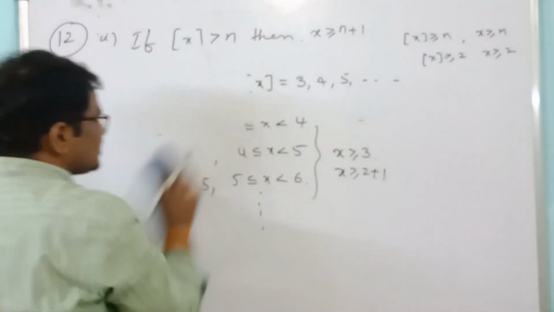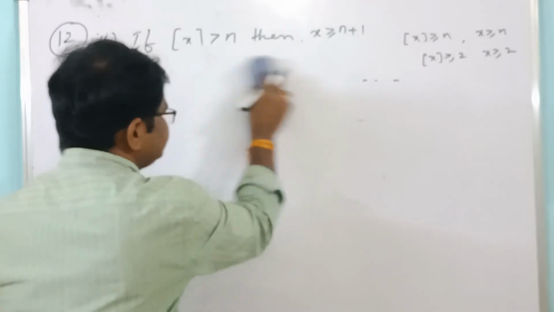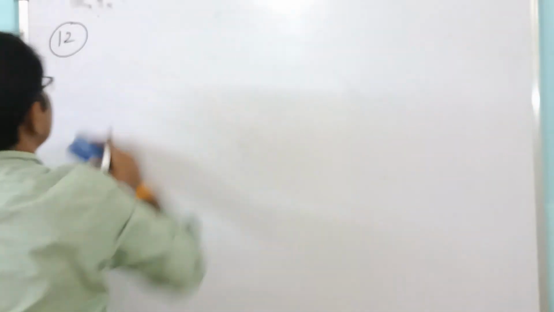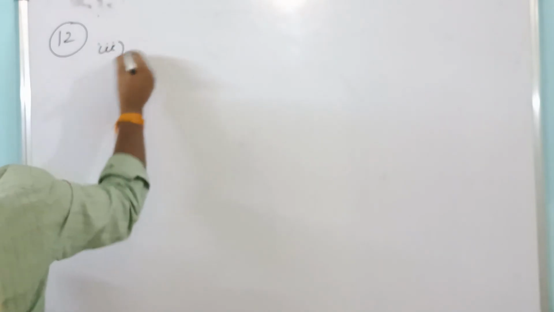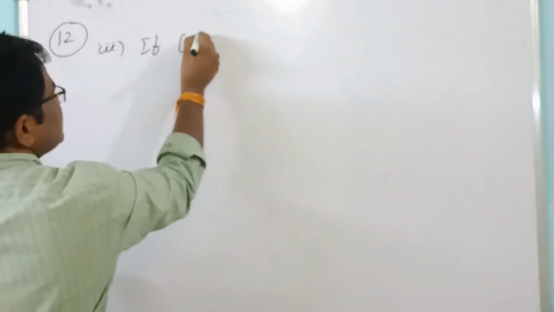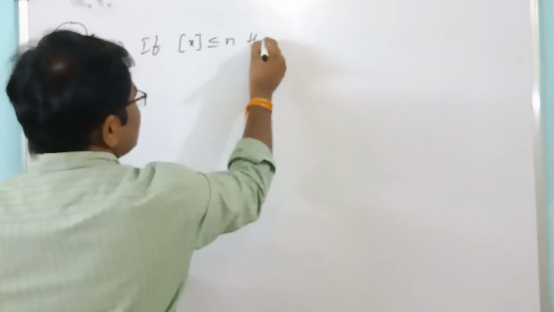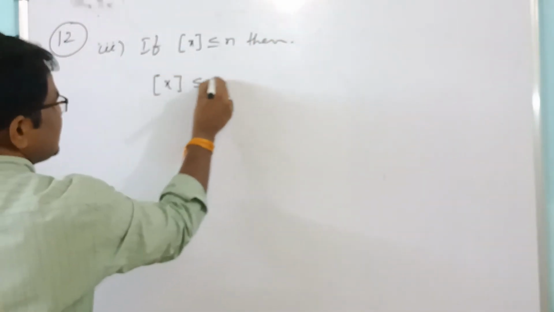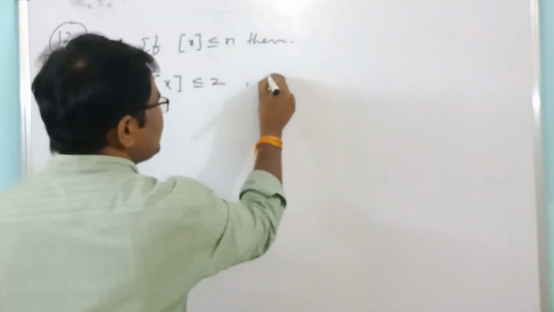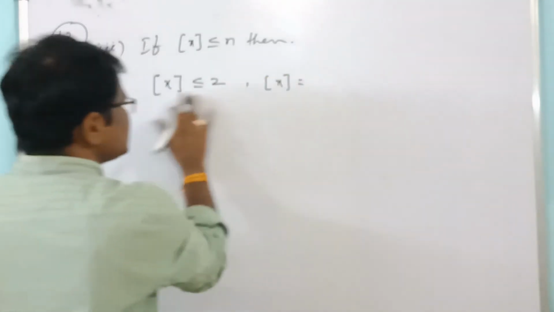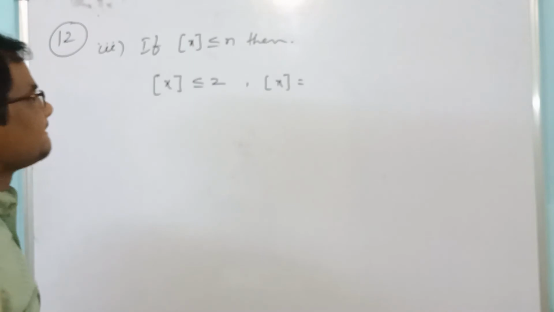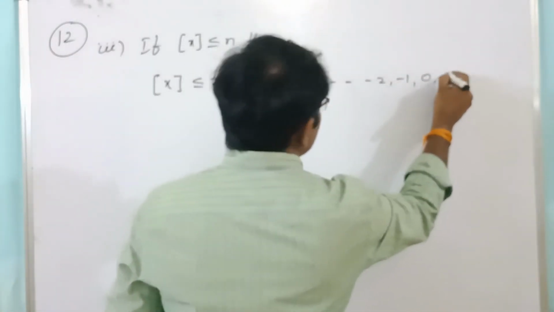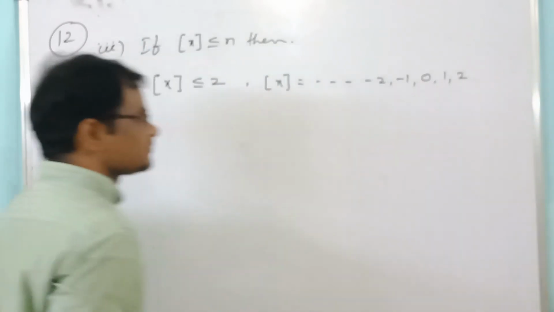Next, see the third one. The third one is: if [x] is less than or equal to n, then what about x? Here also I will take [x] less than or equal to 2. What are the possible values of [x]? Less than or equal to 2 means etc., -2, -1, 0, 1, 2 also.